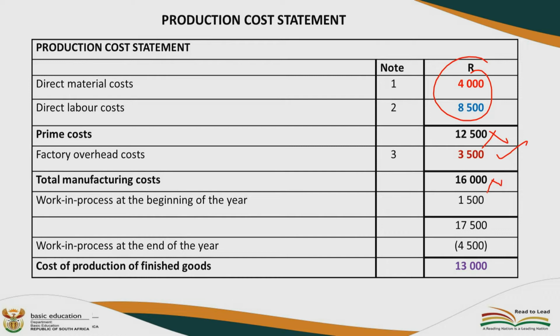And then you add your work in process at the beginning, and then you have 17.5. You then come and you subtract your work in process at the end. Boys and girls, you have the cost of production of your finished goods.